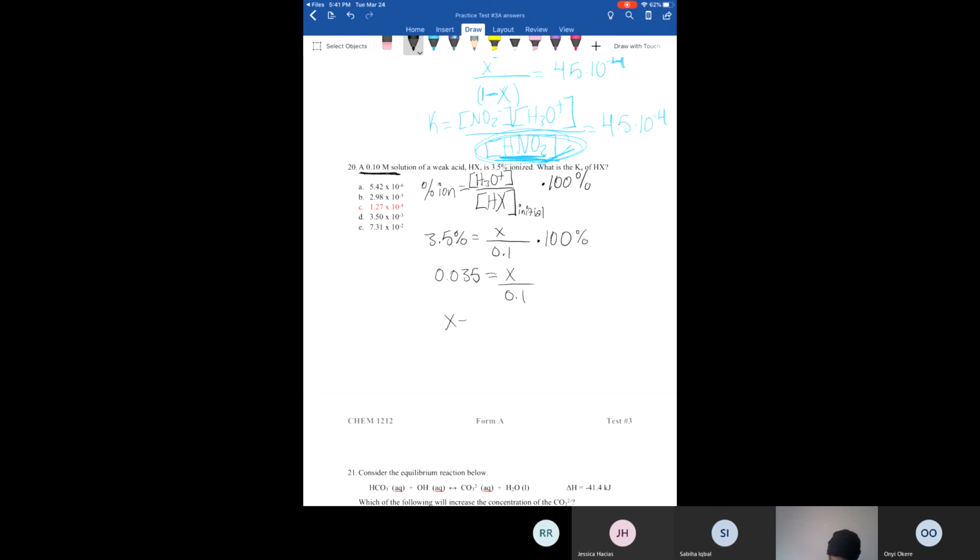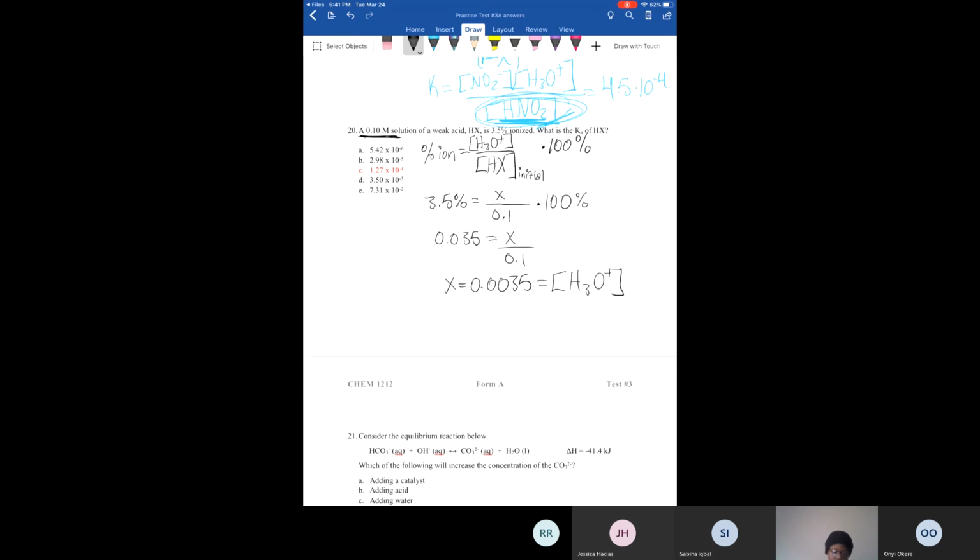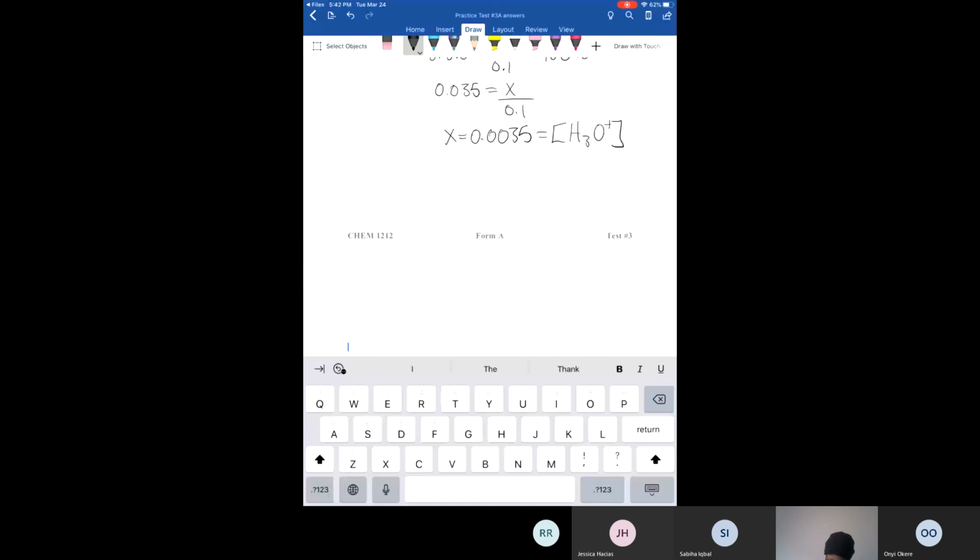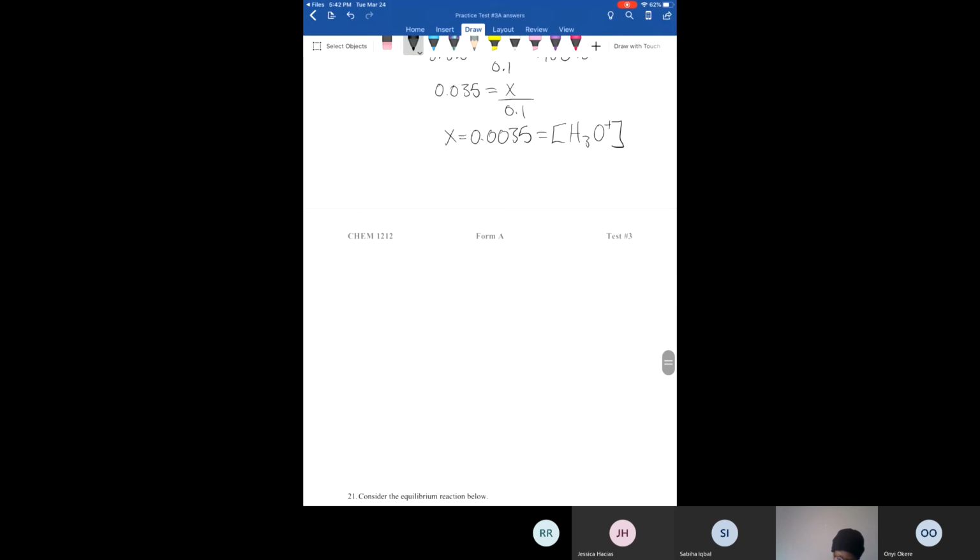So that's your H3O plus concentration. You know your equilibrium concentration for H3O plus. I made this X because you have HX plus water giving you X minus plus H3O plus.